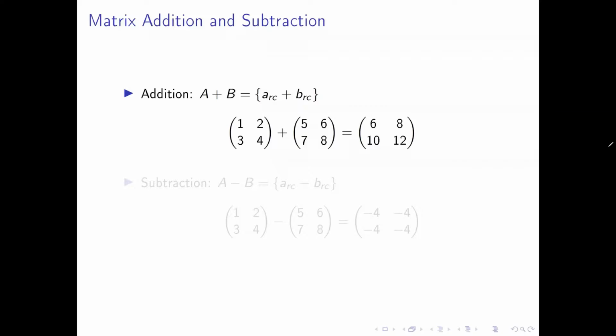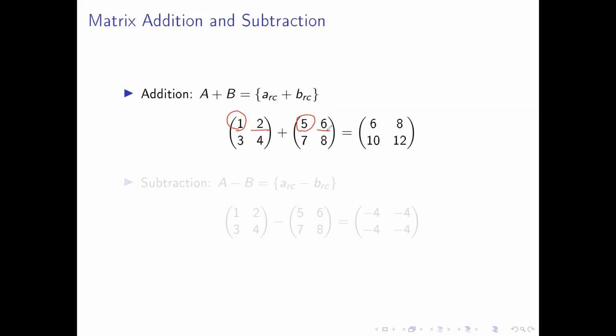So the first row and first column element of the first matrix is added to the first row and first column element of the second matrix. So it becomes what? 6. Same thing for the first row, second column. That is 2 here, from matrix A, added to the first row, second column of matrix B. And 2 plus 6 is 8.